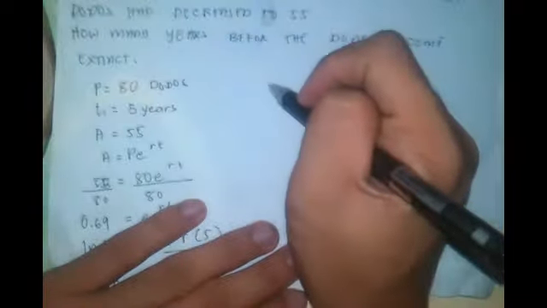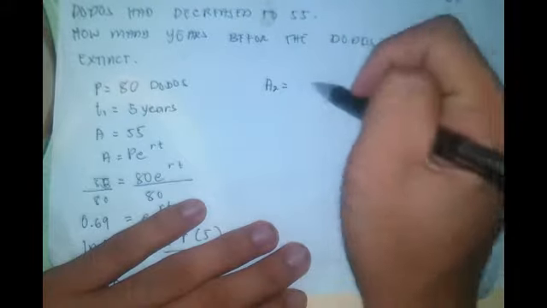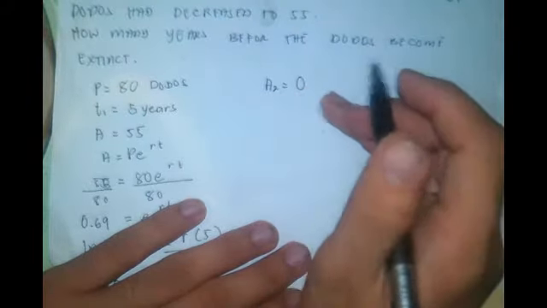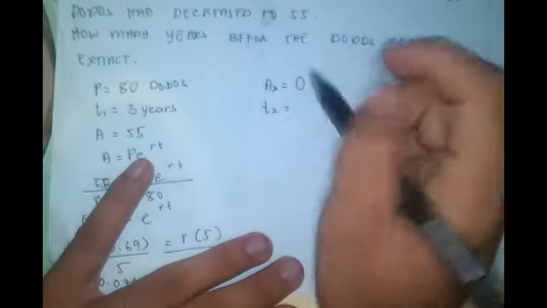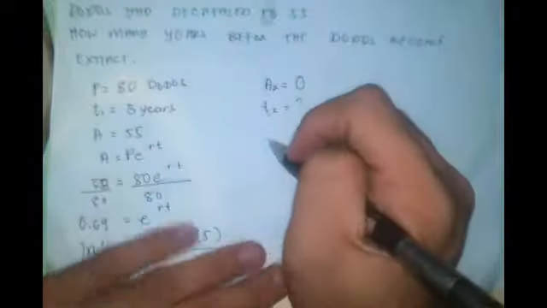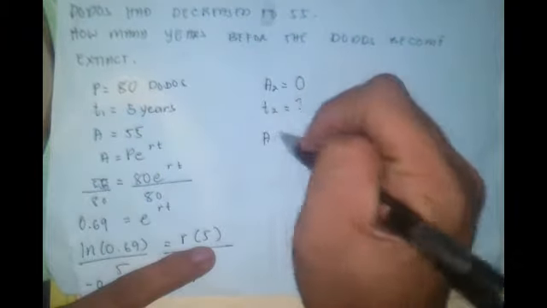Now we can solve the real question, which is looking for the time before the extinction of the dodos. Since extinct is 0, so there are no dodos at all, then the time is missing. So A = Pe^(rt).